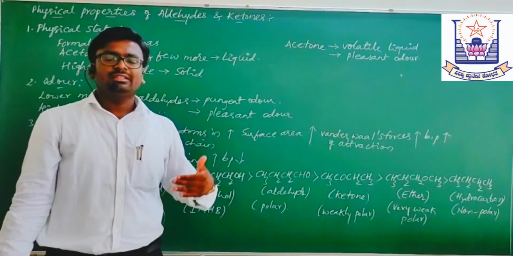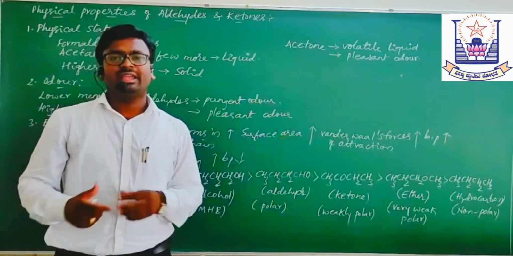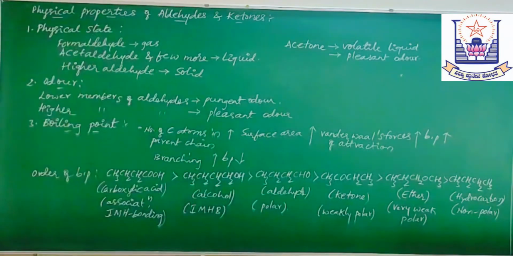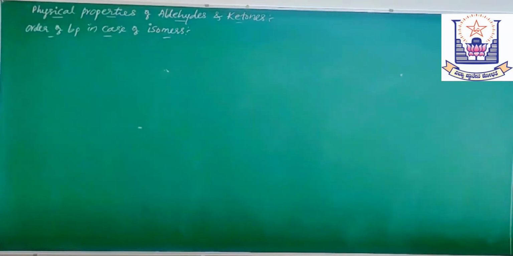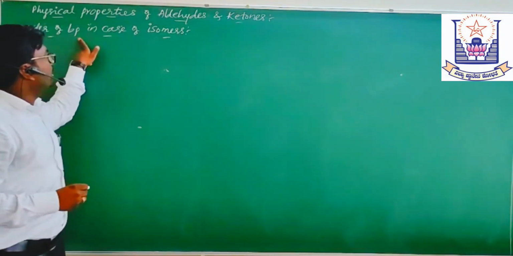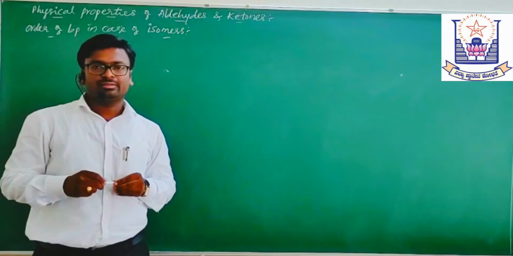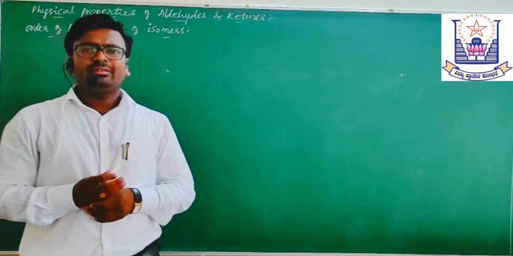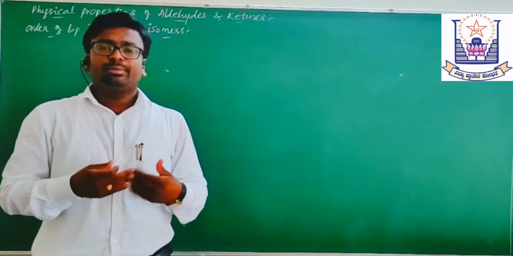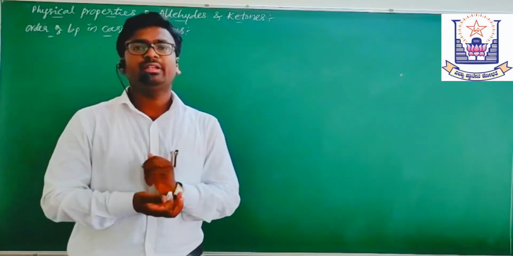Let us see the BP in case of isomers. Let us discuss the order of boiling points in case of isomers. This is a common fact that as branching increases, boiling point decreases.